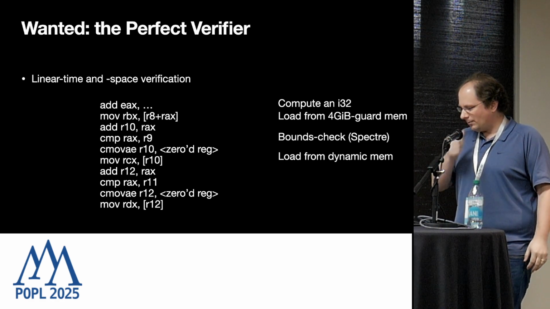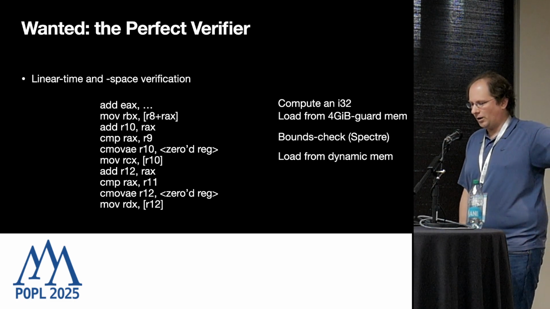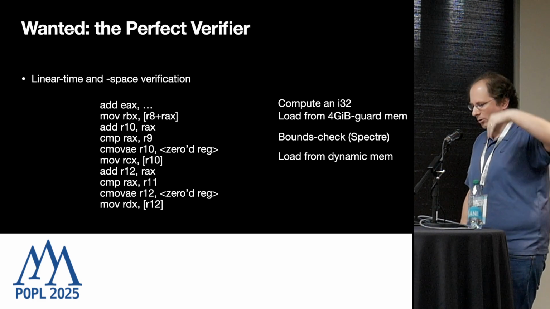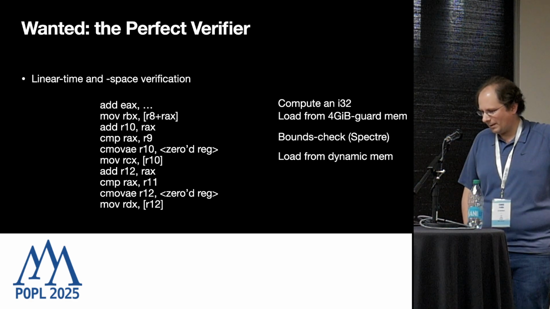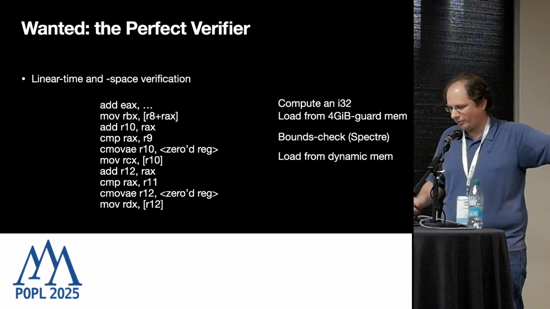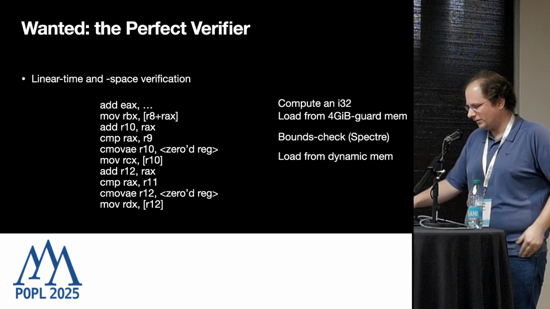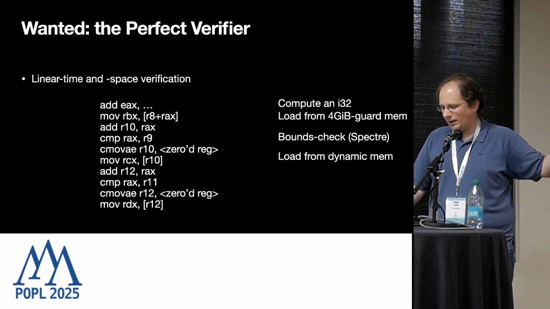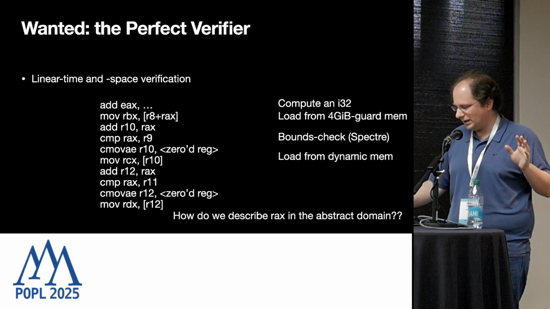And then we have a dynamically bounds checked memory where we compare RAX, the address, to R9, which is some other memory bound that we've loaded before. And this is Spectre safe. We deal with Spectre mitigation, so this is a conditional move rather than branch. We basically move 0 in if it's out of bounds, and we do that again, right? And so we actually have 3 different conditions on RAX here.